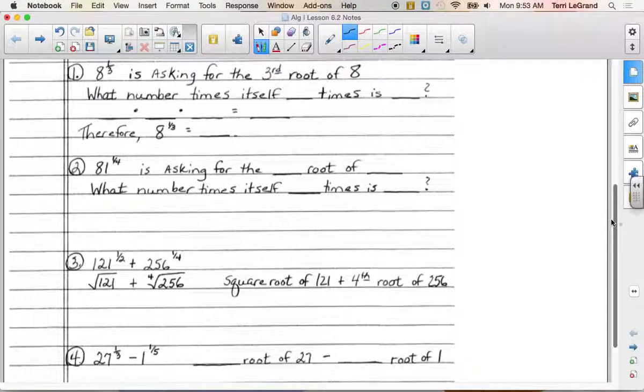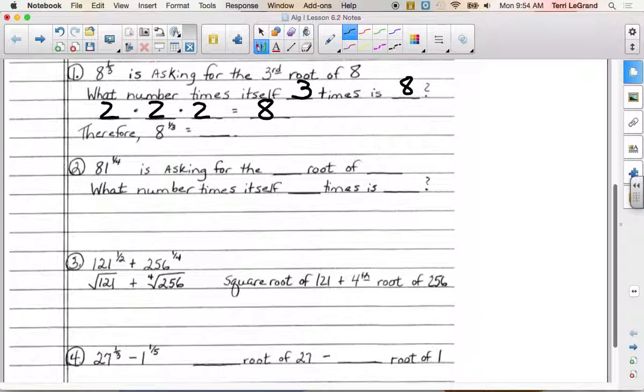Number 1, 8 to the 1/3 power. Instead of keying that into our calculator, we would say, that's really asking me for the 3rd root of 8. Or in other words, what number times itself 3 times is 8? Anybody think they know what that is? 2. 2 times 2 times 2. 2 times 2 is 4. 4 times 2 is 8. 2 times itself 3 times is 8.